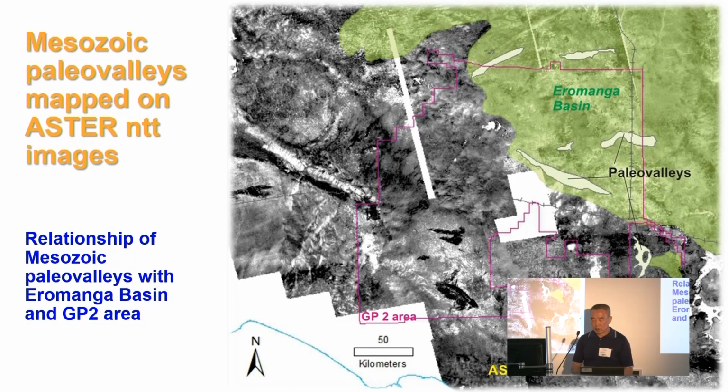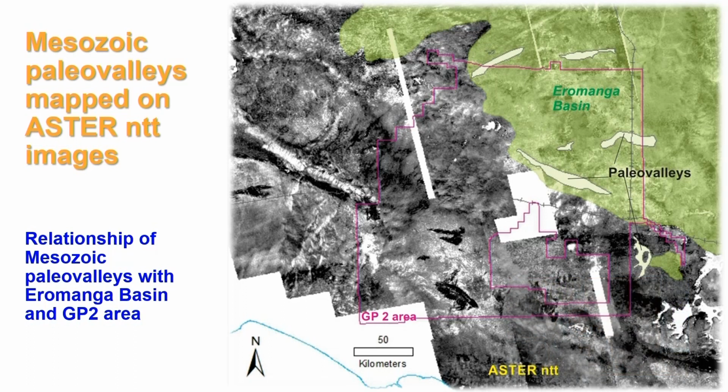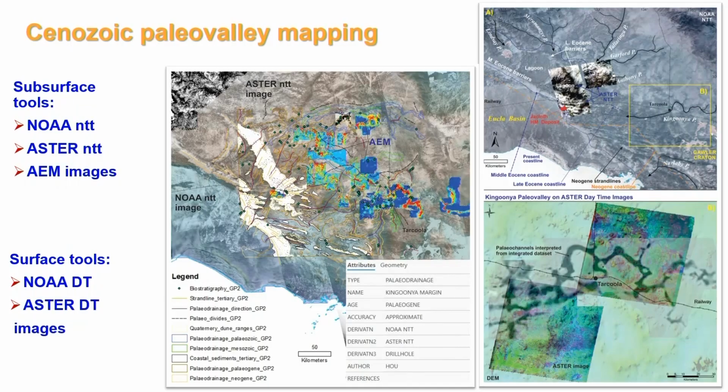For the Mesozoic sediments and paleochannels, we are mostly using nighttime thermal images from ASTER. We reprocessed the ASTER data compared to the second edition of the statewide paleochannel mapping. This is the 90 meter pixel compared to NOAA.